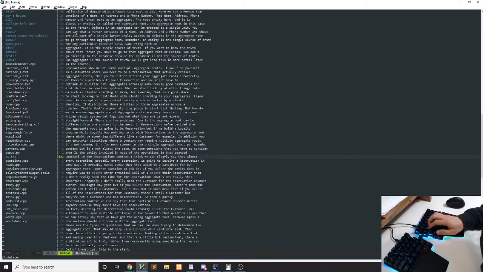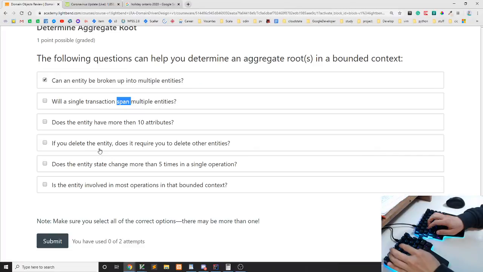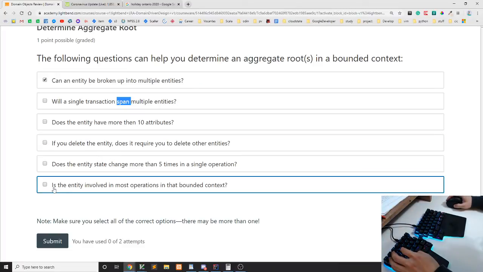So one question you have to consider is: is the entity involved in most of the operations in that bounded context? Let's consider I'm trying to change the transaction.